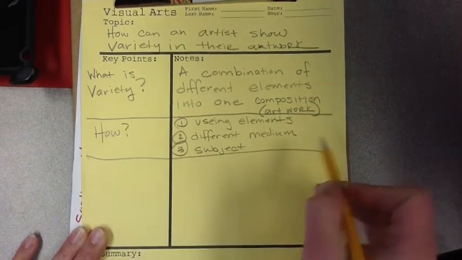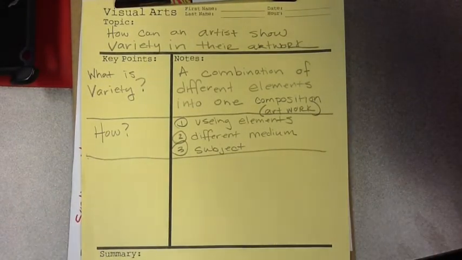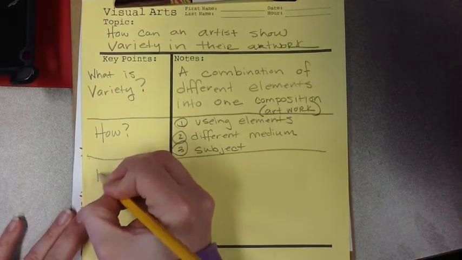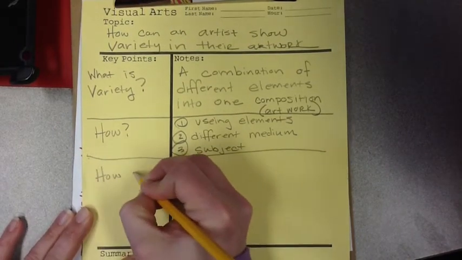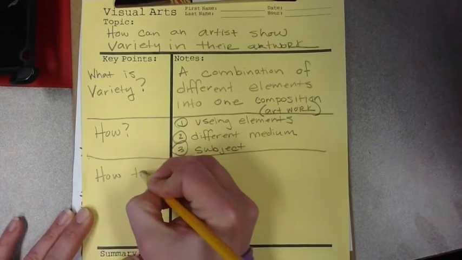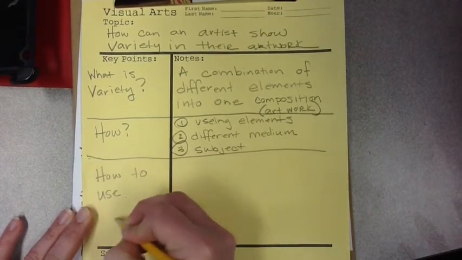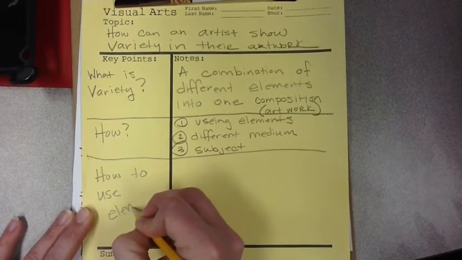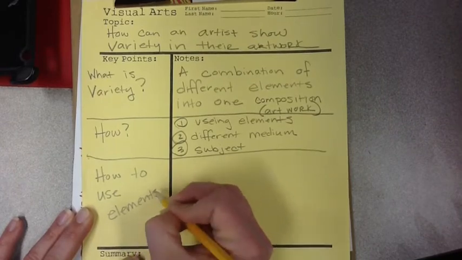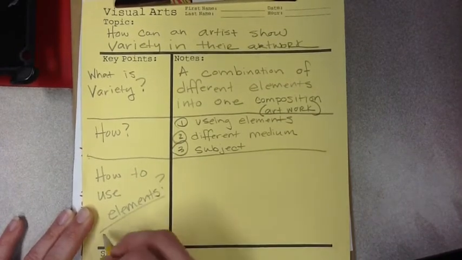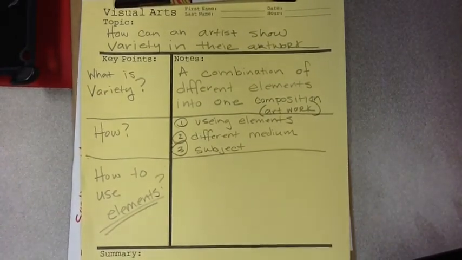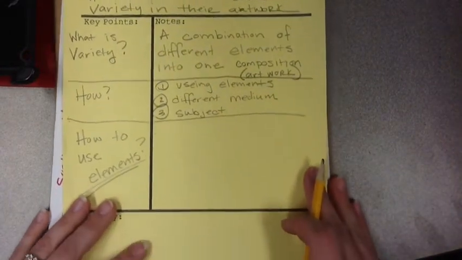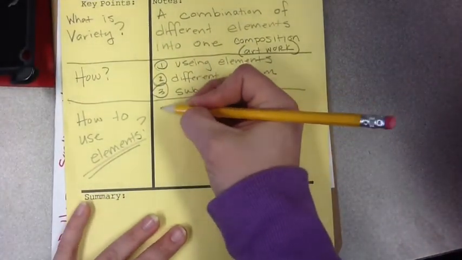How can we use elements to create variety? So, how to use elements. And this is our big question today, and this is what I'm going to ask you to work on your own.